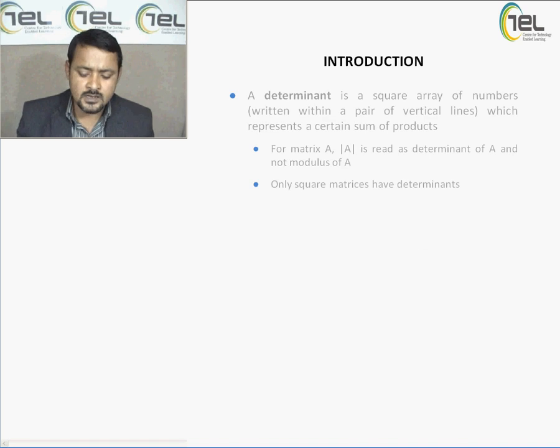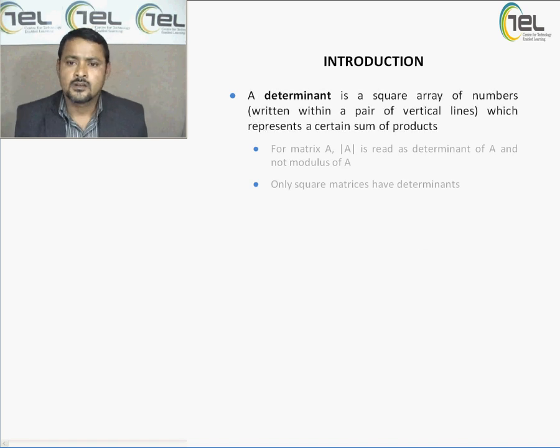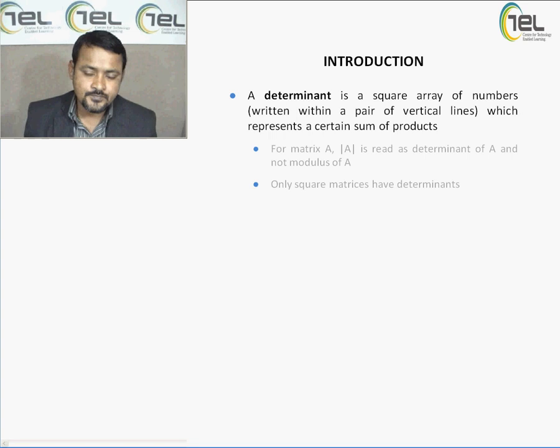A determinant is similar to matrices, but unlike the matrices which is written within a bracket, the determinant is written within two vertical lines.